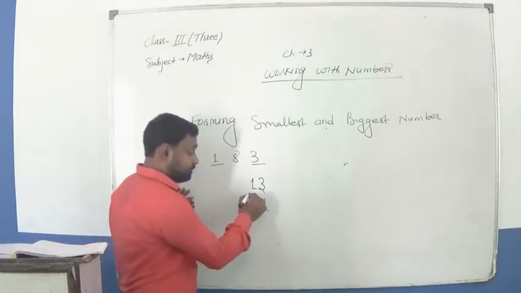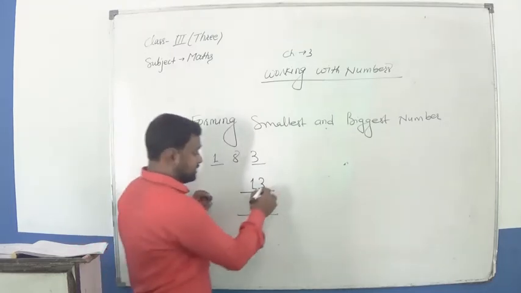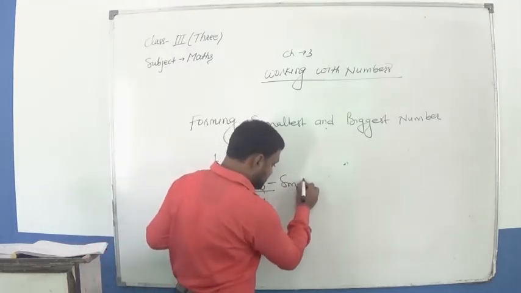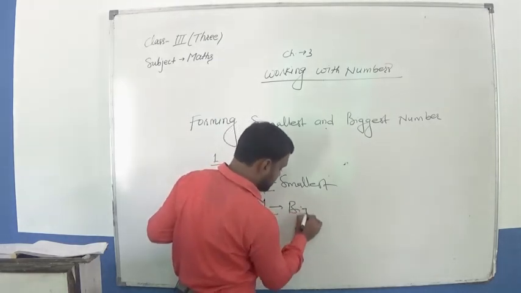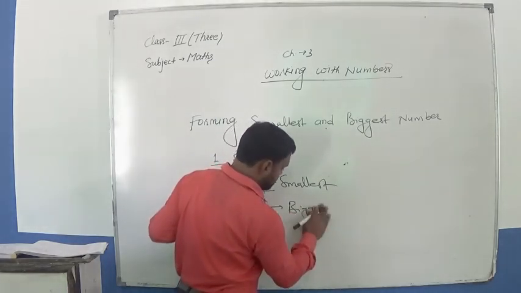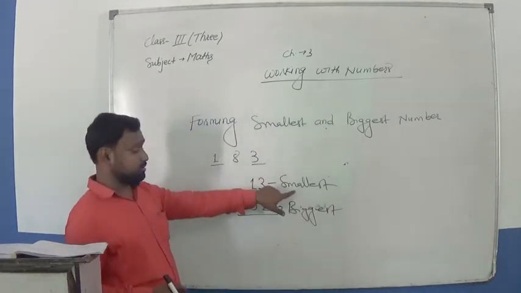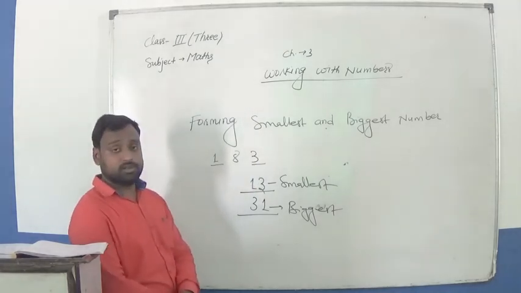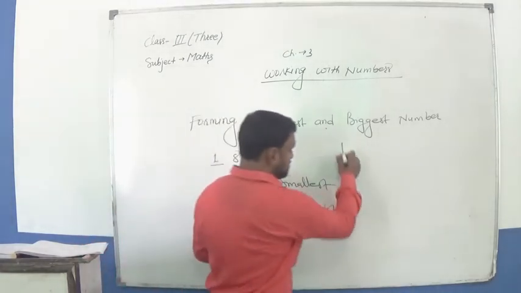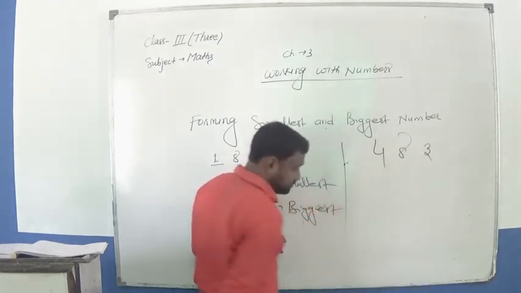That's why we made 13 and 31. 13 is the smallest and 31 is the biggest number that can be formed from 1 and 3. Same way, suppose you are given 4 and 3.